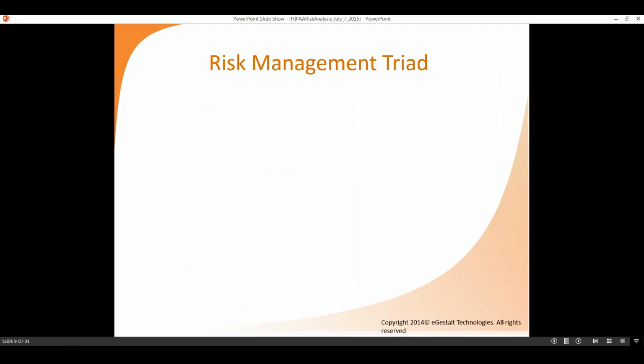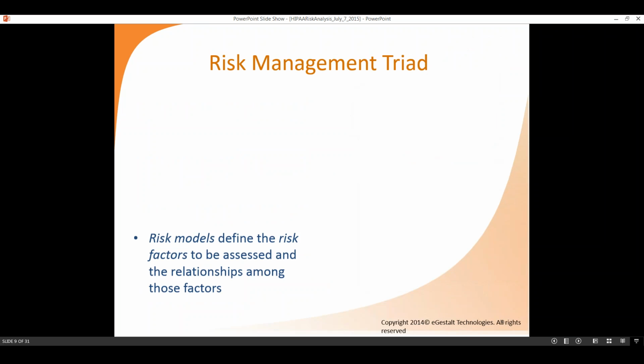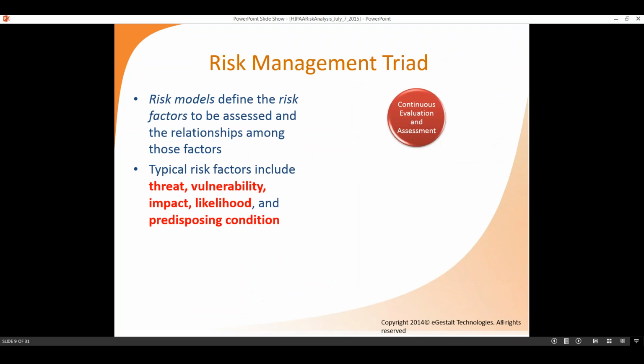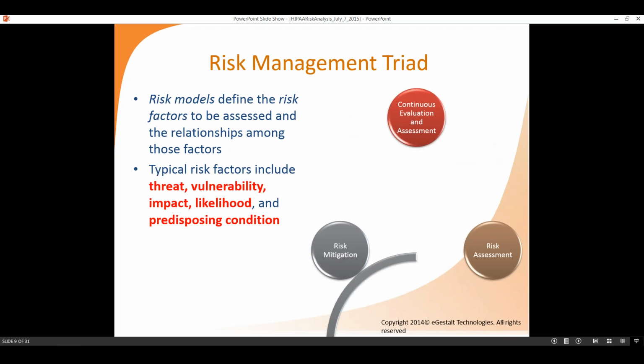So what does risk management entail? Let's keep diving into it a bit more in detail. There are multiple factors that go into risk assessment, and we'll keep peeling the onion to get you more detail.